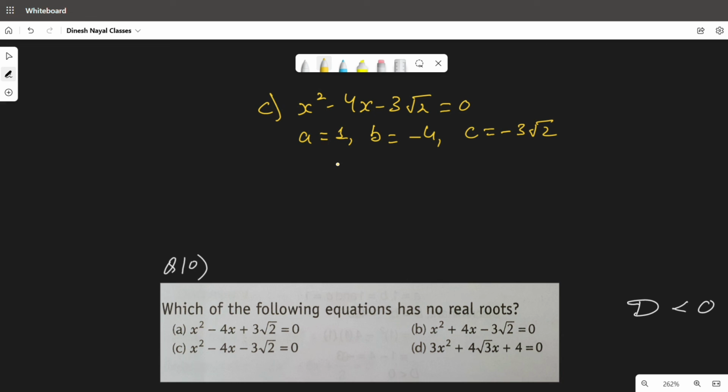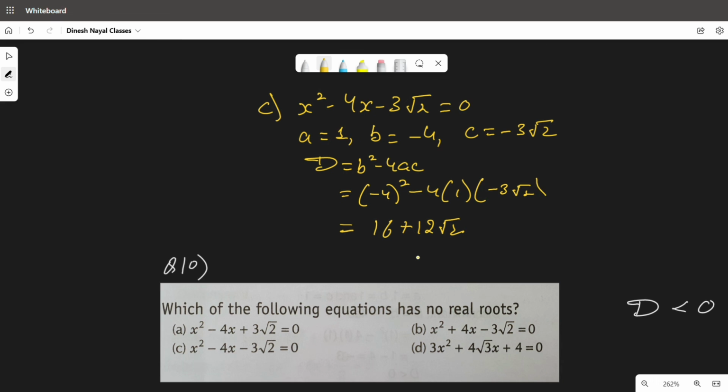Now calculating D, B square minus 4AC, which equals minus 4 whole square minus 4 times 1 times minus 3 root 2. So see, minus 4 whole square will be 16. Again minus 4 times minus 3 will be plus 12 and then root 2.